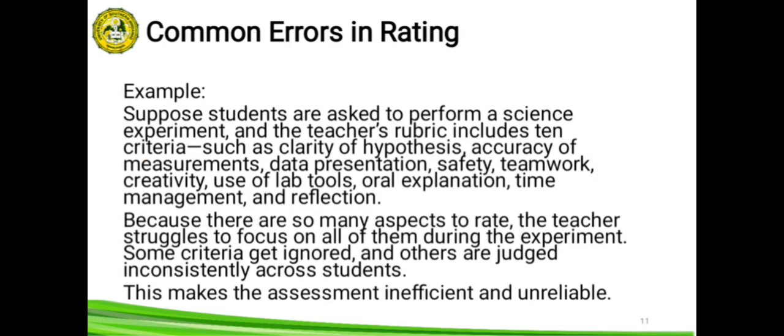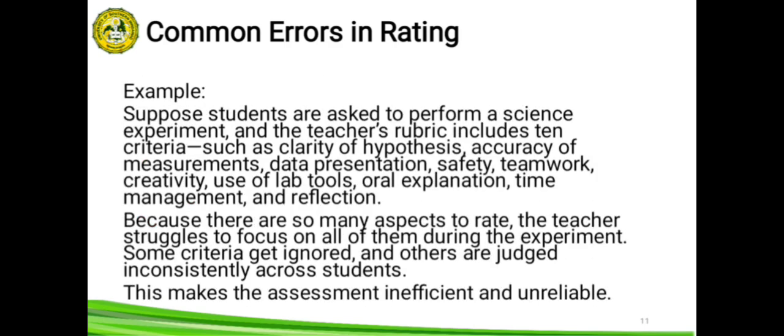Because there are so many aspects to rate, the teacher struggles to focus on all of them during the experiment. Some criteria get ignored and others are judged inconsistently across students. This makes the assessment inefficient and unreliable.